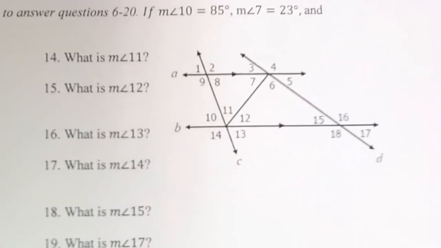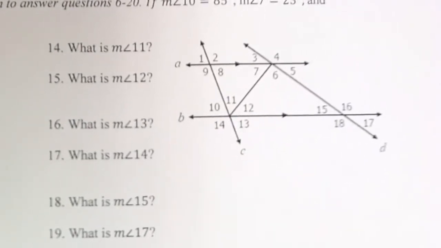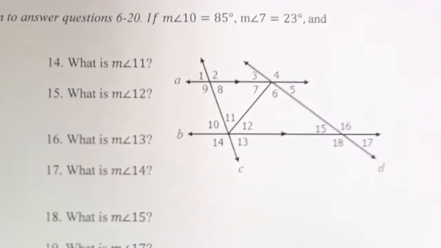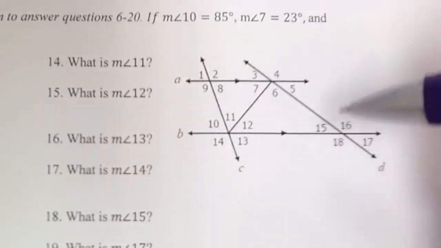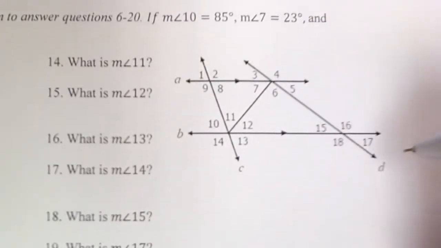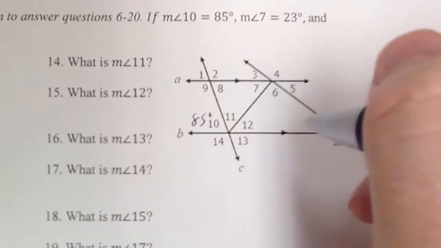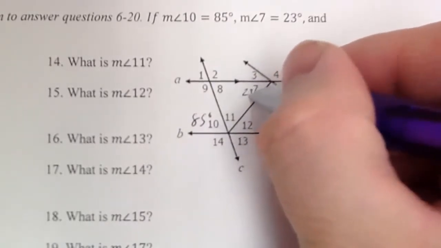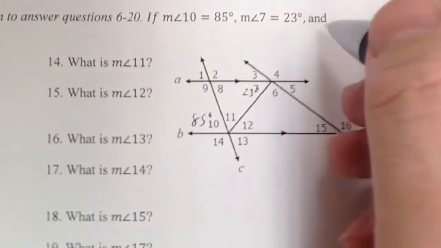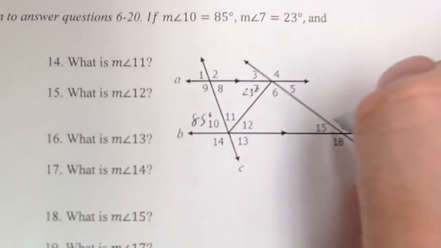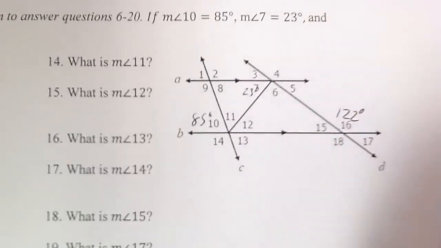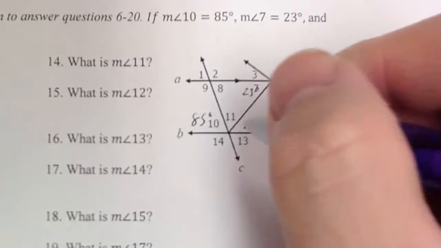Okay, questions 6 through 20. We're going to use this diagram right here, and to get us started with this diagram, it says that angle 10 is 85 degrees, angle 7 is 23, and angle 16 is 122 degrees. So let's take care of some of the obvious ones real fast.